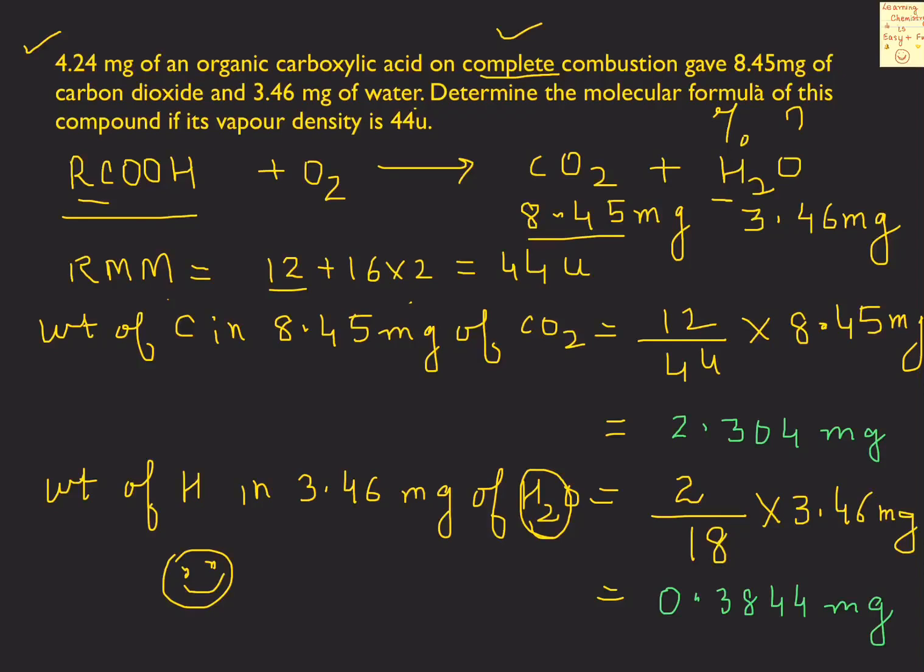The hydrogen again we are getting from the carboxylic acid. So these weights give us the amount of carbon which is there in 4.24 milligrams of the carboxylic acid, and 0.3844 milligrams is the weight of hydrogen in 4.24 milligrams of organic acid.